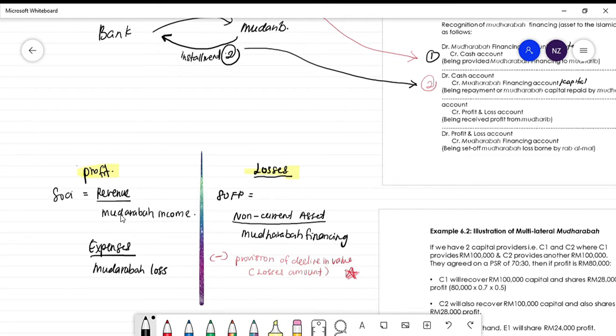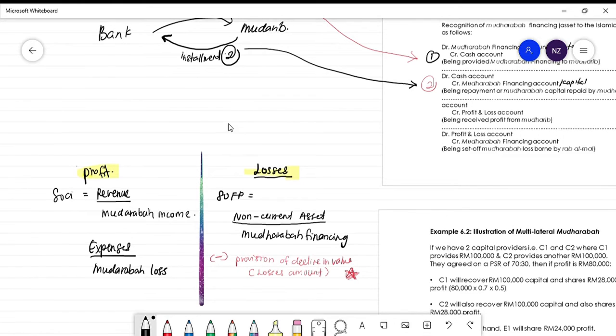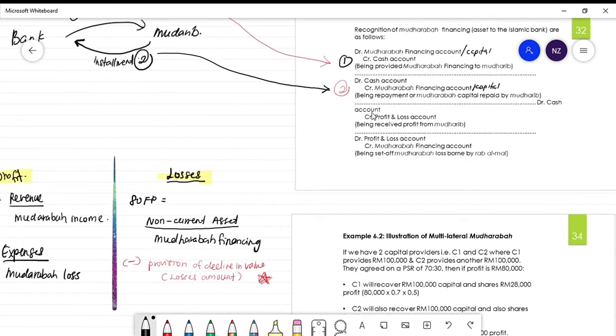Kita kena buat dia Mudharabah income, itu kalau profit. That's why dalam journal dia jadi macam ni, sebabkan dia dapat profit kan. So the profit tu in cash, so kita dapat cash tu, sebab tu dia debitkan cash here, tapi dikreditkan profit and loss account.